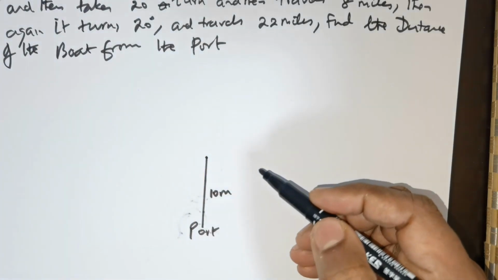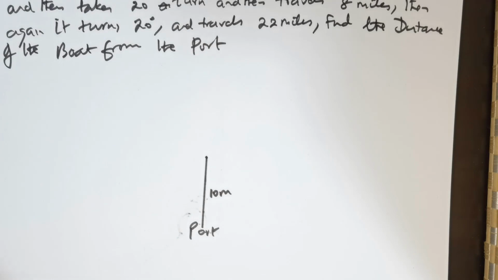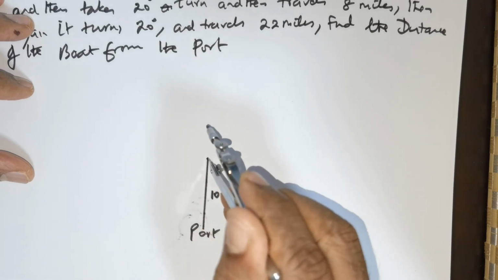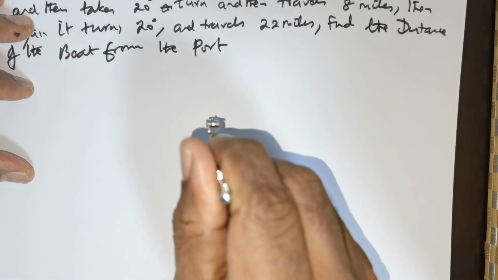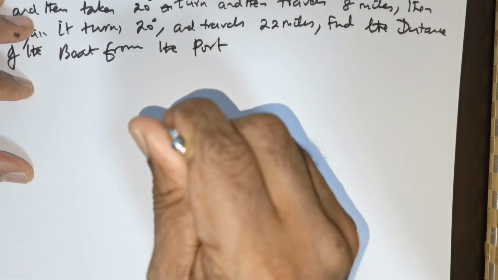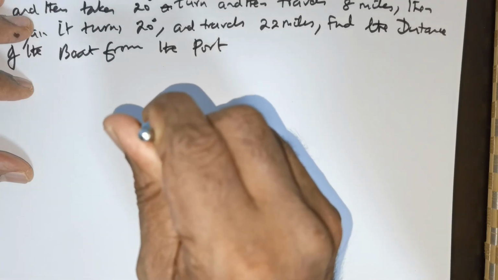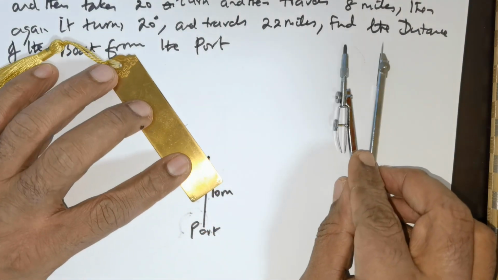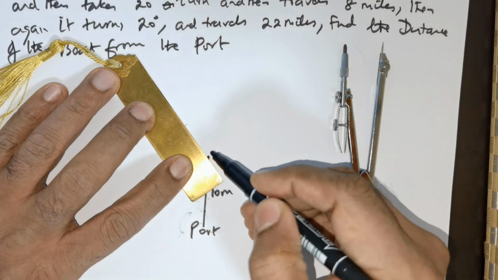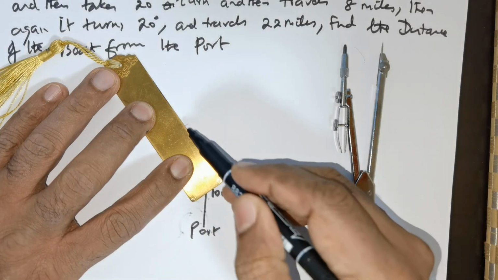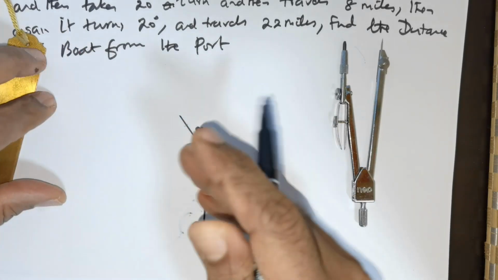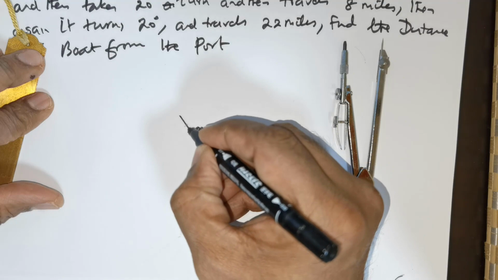Now from here it is taking a 20-degree turn. Okay, so this is the straight line. So from here there is a 20-degree turn, and then it travels 8 miles. So let me just put the 8 miles over here. So the boat is actually moving in this direction.